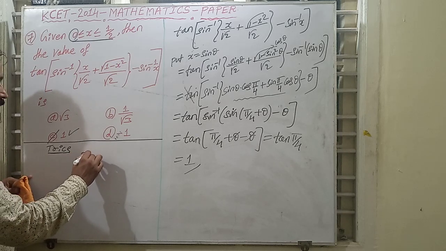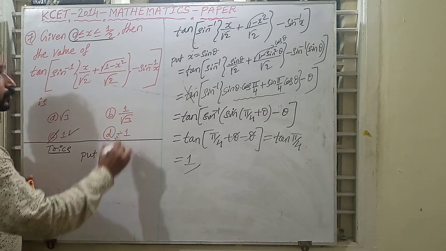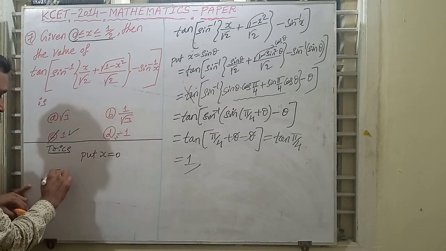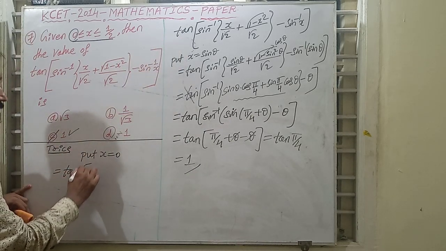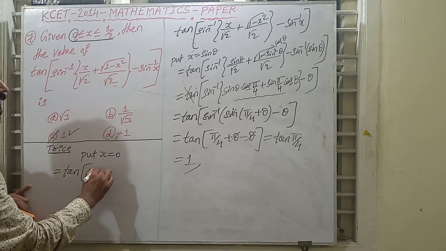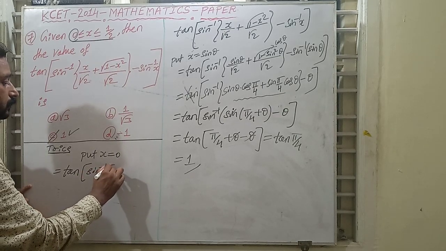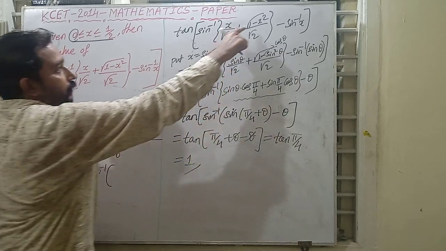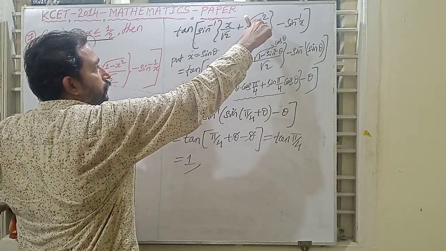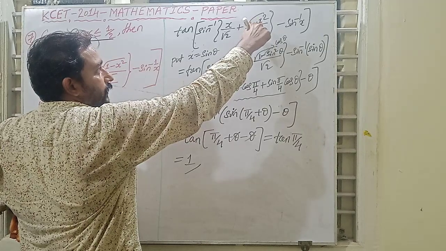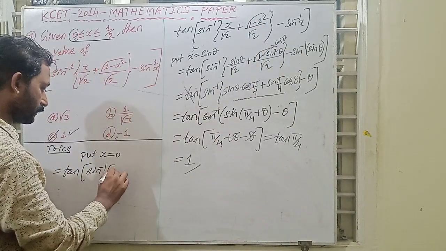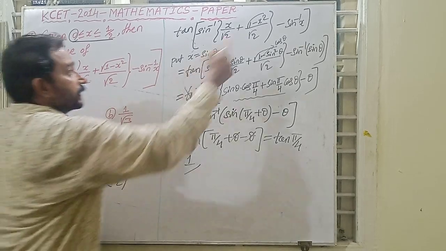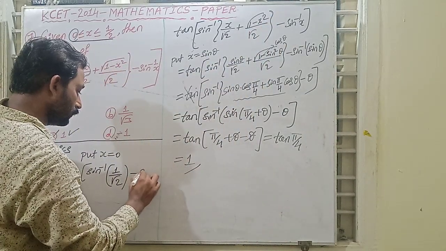Put x is equal to 0 in this function. This value becomes tan of sin inverse of 0 divided by root 2, plus square root of 1 minus 0, which is square root of 1, that is 1, divided by root 2. So it becomes 1 divided by root 2, minus sin inverse of 0.